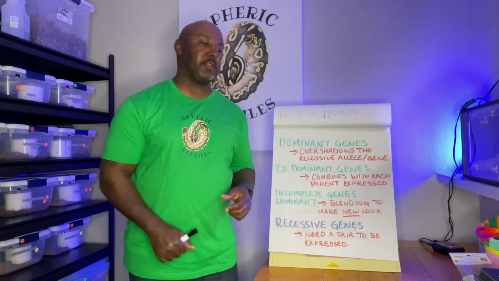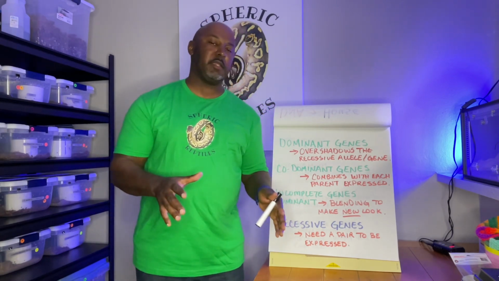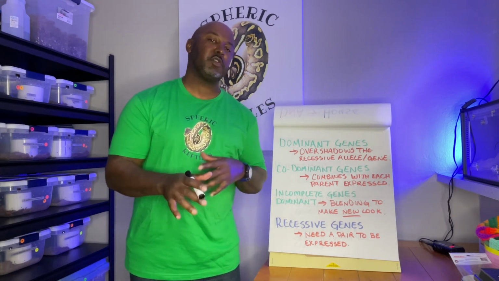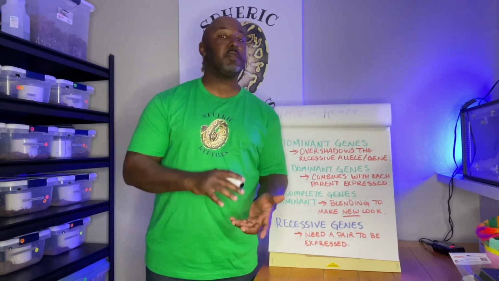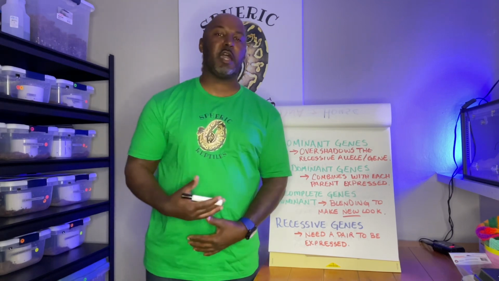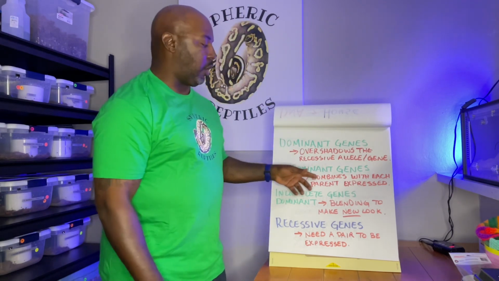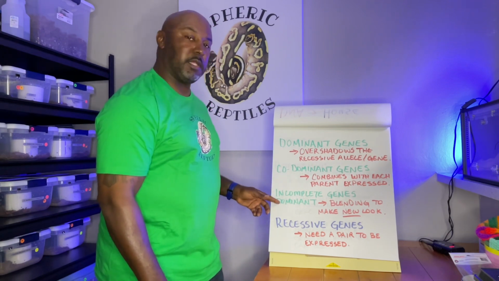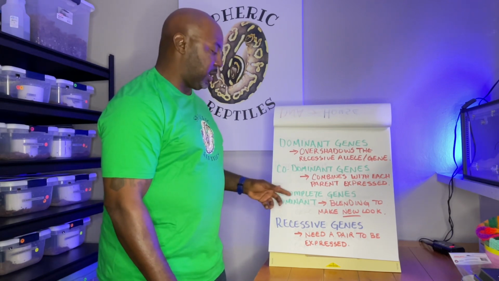With scaleless ball pythons, the entire body might not be scaleless. Maybe only the head is scaleless, or certain parts of the body, and the other parts have scales, like maybe on the underside. So that would be your only codominant gene. All the other genes that are dominant in ball pythons would be incomplete dominant.